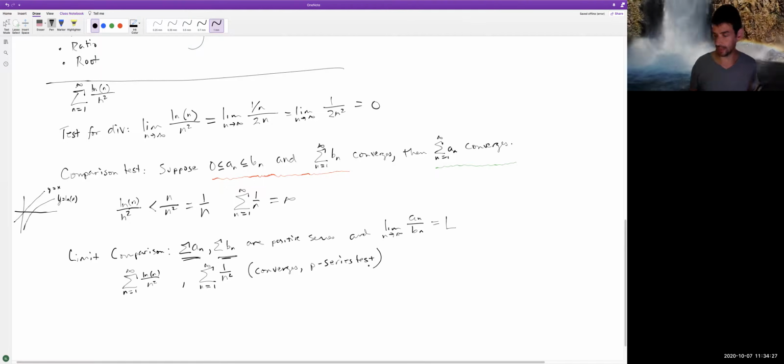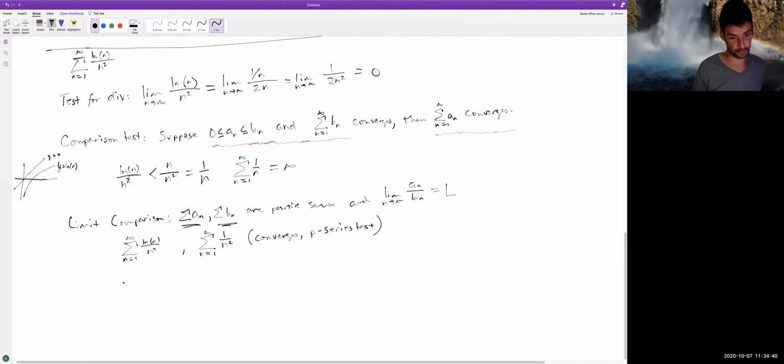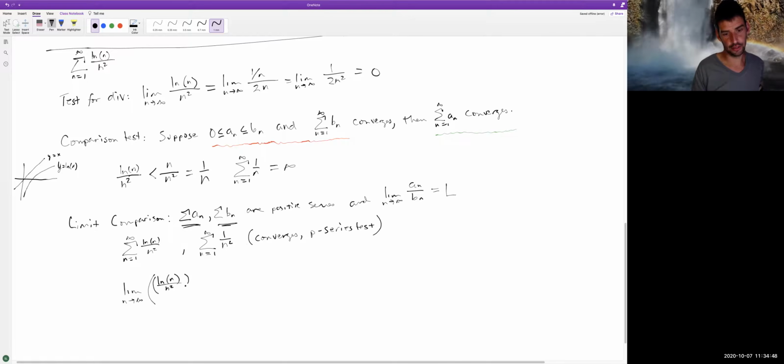It has a power greater than 1. That's the p-series: you have 1 over n to the p. If p is greater than 1, that series will converge. So let's try taking the limit of the quotient of these two. We want the limit as n goes to infinity of the natural log of n over n squared, divided by 1 over n squared.